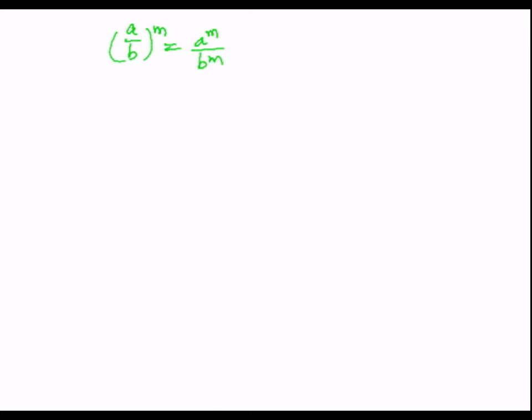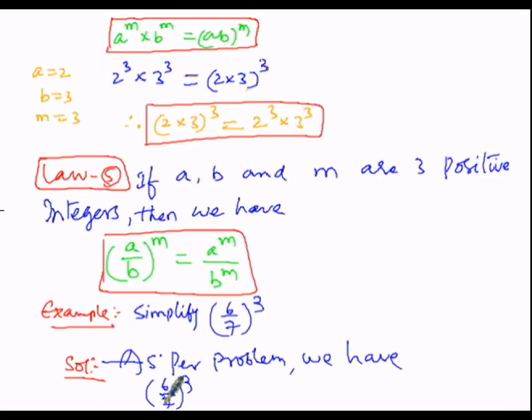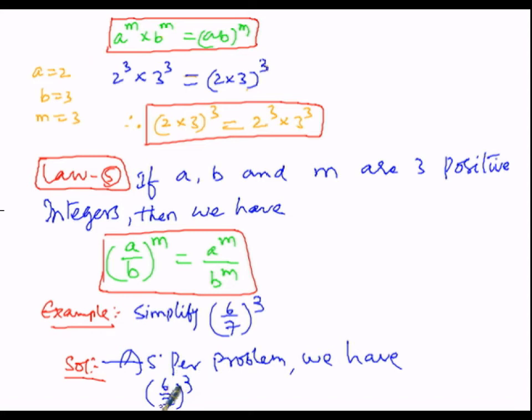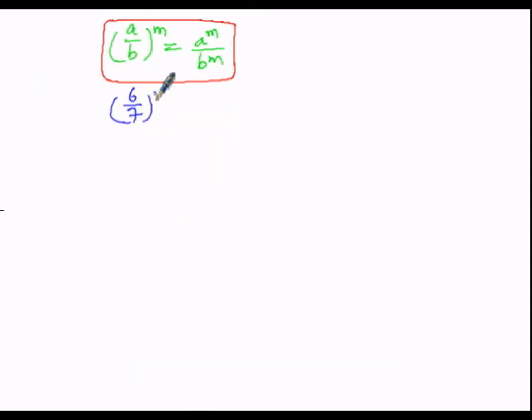Based upon this formula, let us perform the example, that is (6/7)^3. When we compare, here a is 6, b is 7, and m is 3.